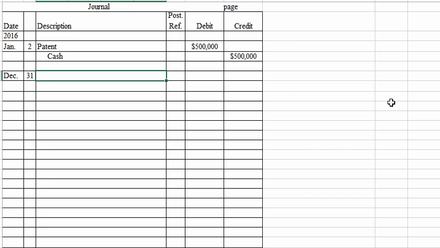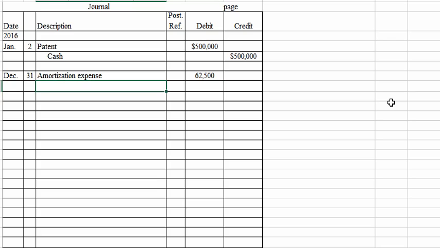So we're going to debit an expense account, amortization expense. And we're going to write the patent off over its useful life to the business, which is 8 years. So we're going to say 500,000 divided by 8 years. We get amortization expense of $62,500 for 2016.